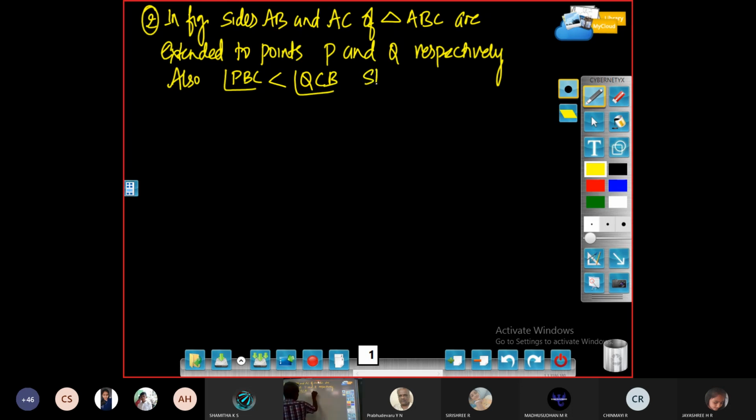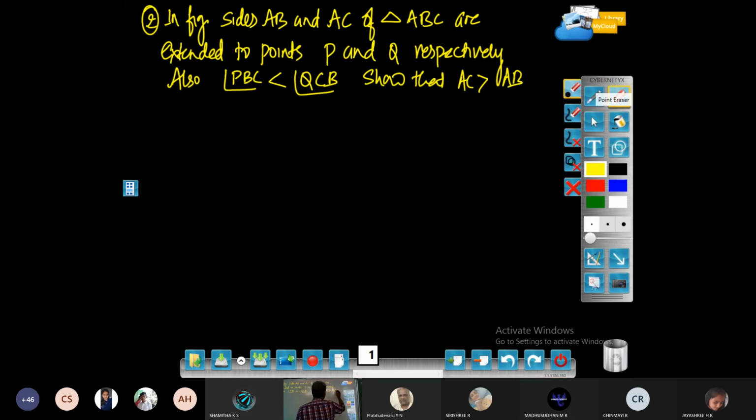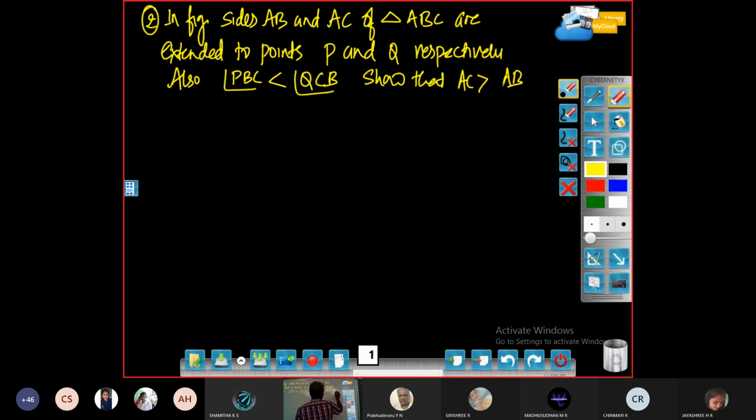So that AC is greater than AB. You have to show that AC is greater than AB. So let us draw the diagram. Diagram is given.